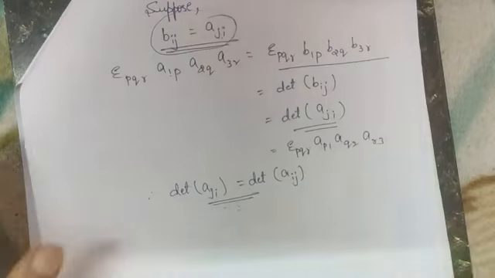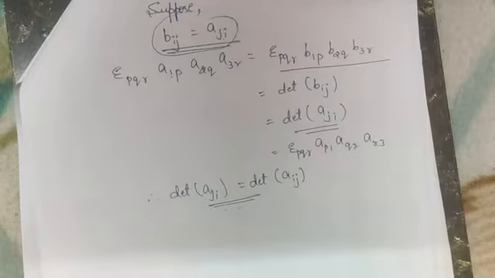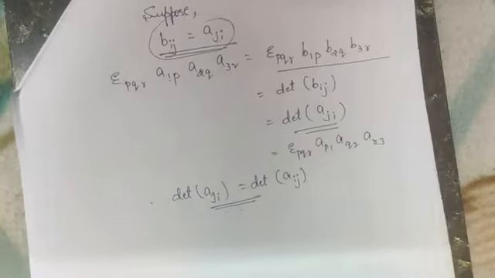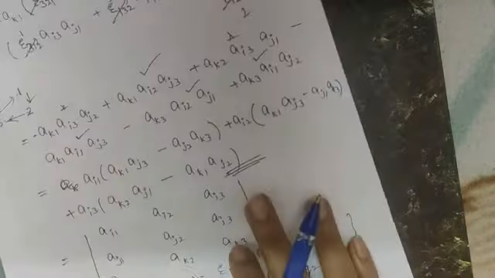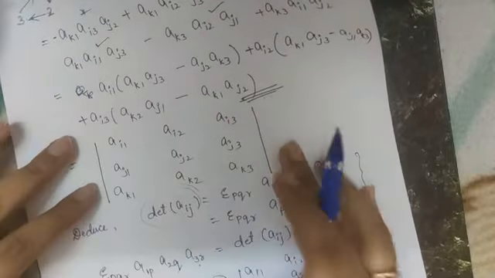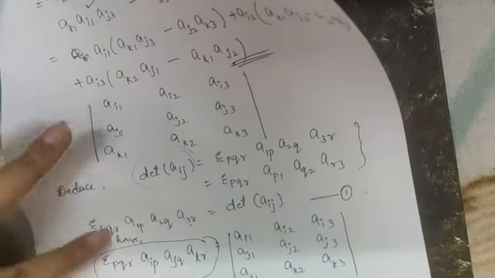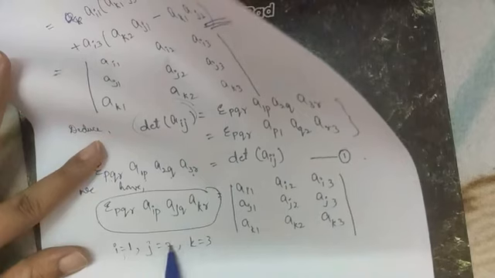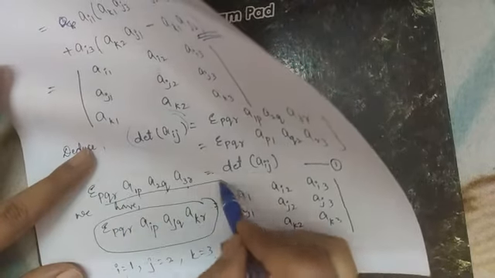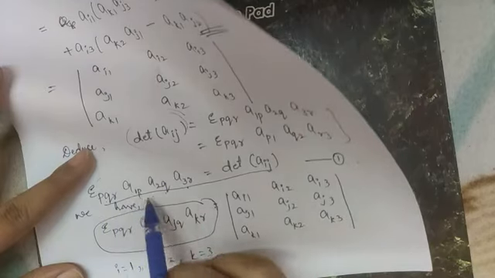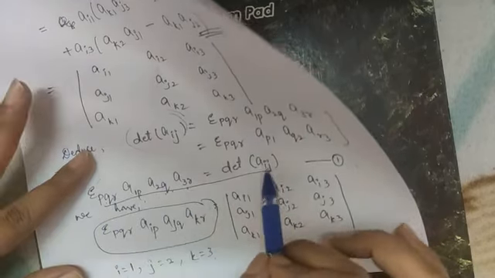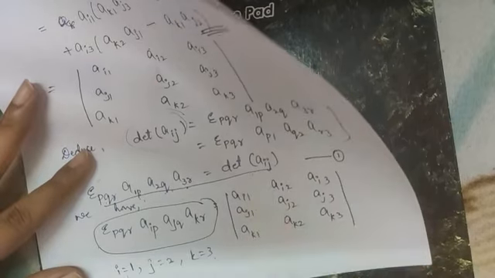So first what we have done, we have considered our first result. In the first result I just substituted the value of I as 1, J as 2 and K as 3. If you substitute these values, you will get epsilon PQR A1P A2Q A3R is equal to the determinant of Aij, right?